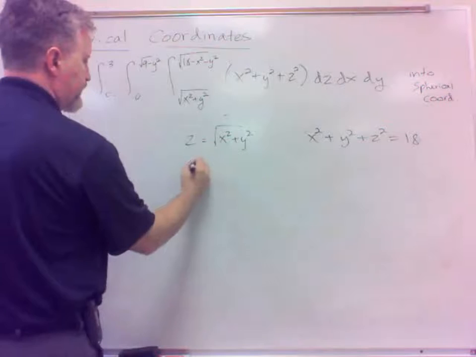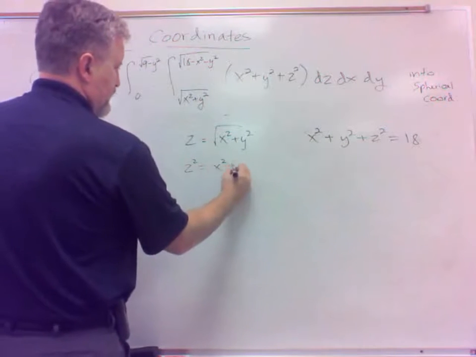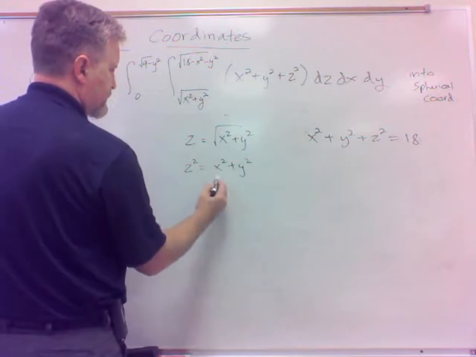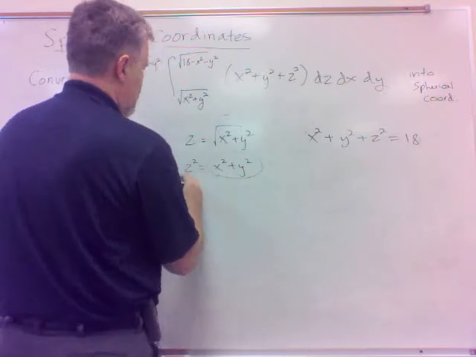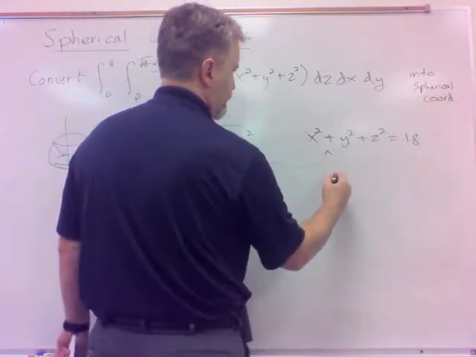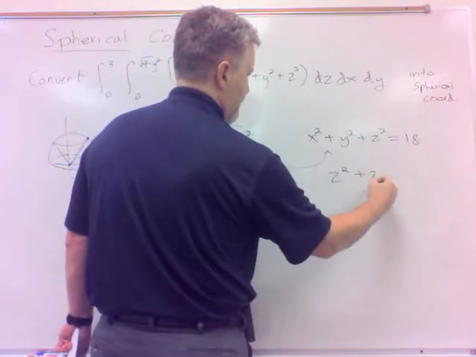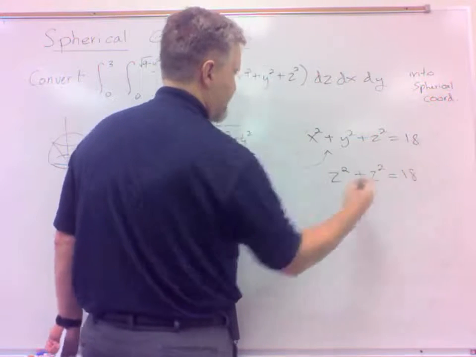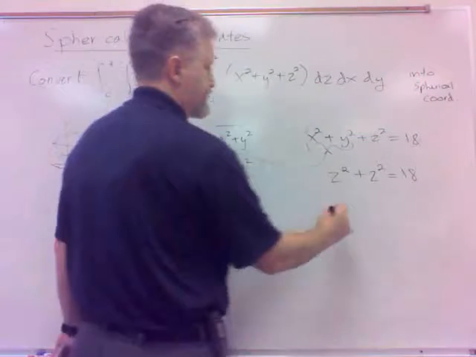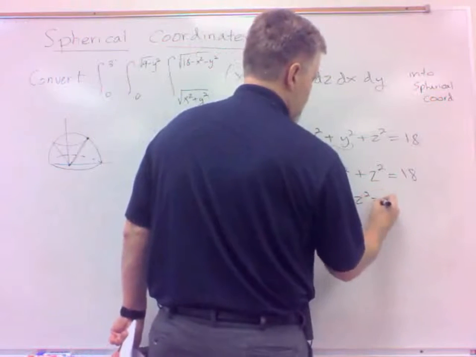And so here, one thing I could say is that x squared plus y squared equals z squared. And so let's plug that in for x squared plus y squared. Then I'll have basically these two equals z squared. So I've got 2z squared equals 18.